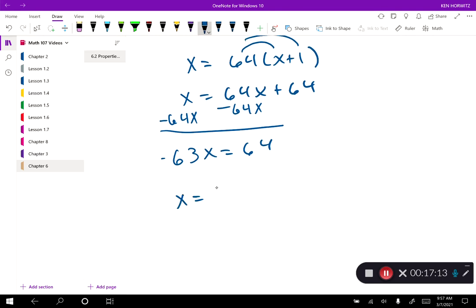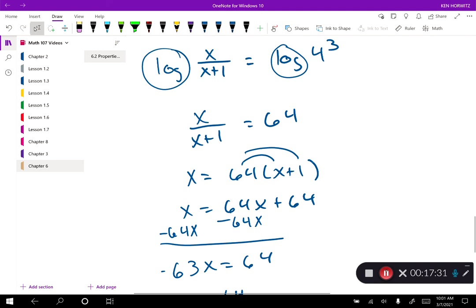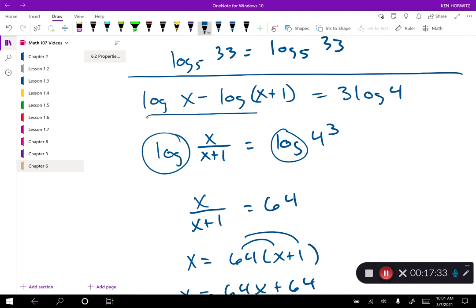And x equals 64 over negative 63. All right, so now we basically need to check our work. So we're going to go back to the original equation up here, and we're going to put in our answer and make sure that it fits our domain.